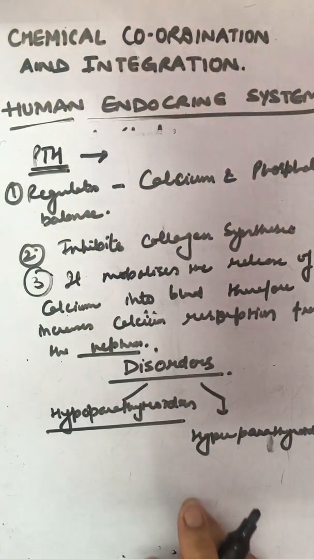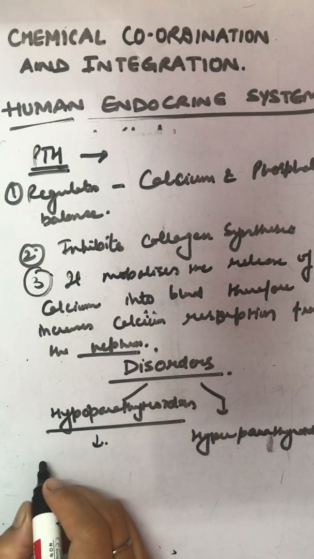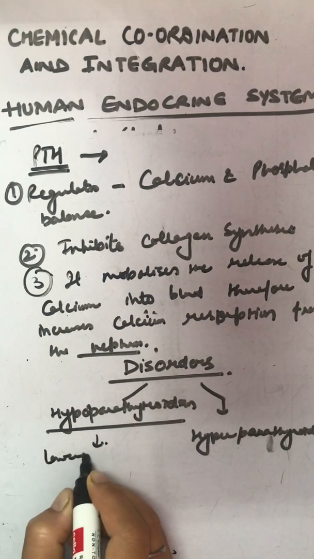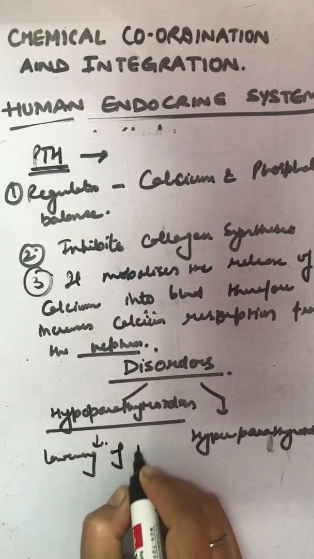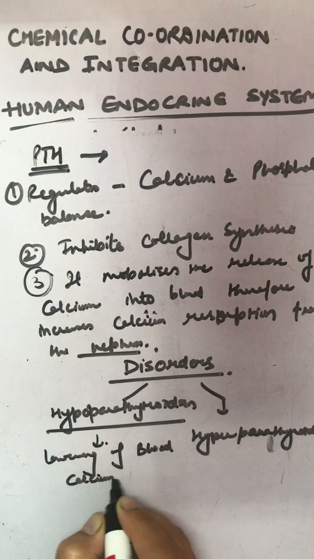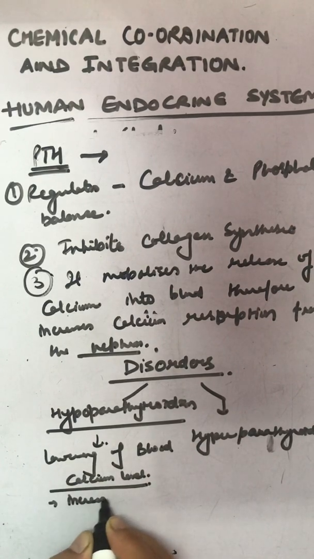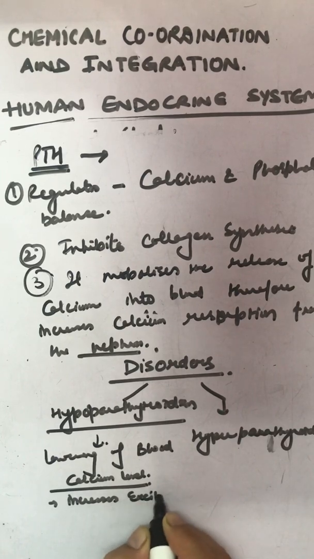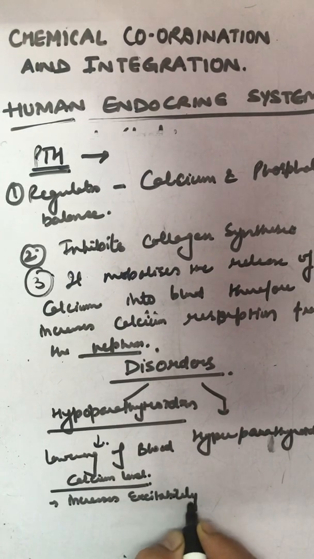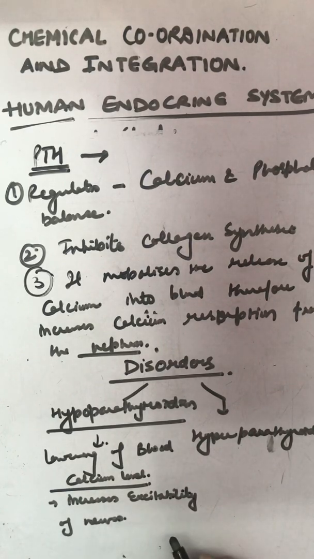When we say hypo, it means causes lowering of blood calcium level, increases excitability of nerves and muscles, causing cramps.